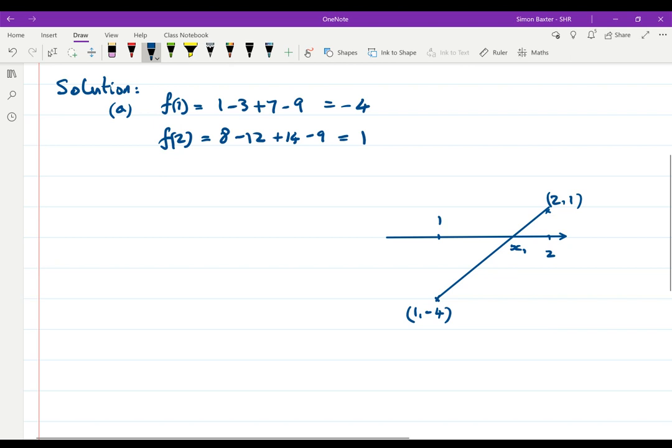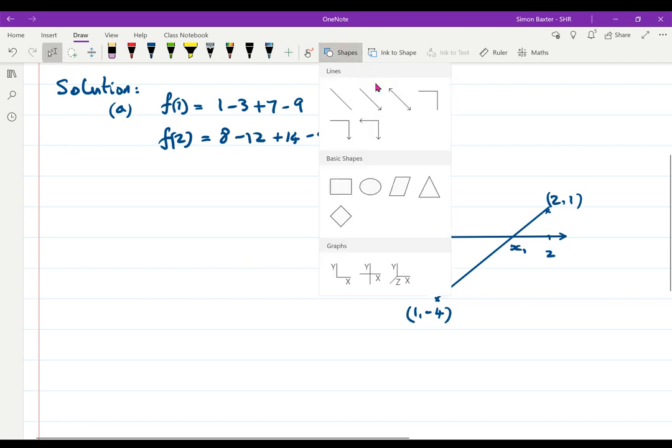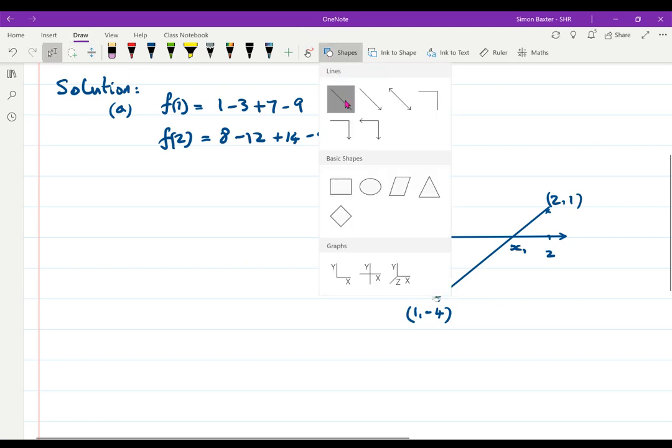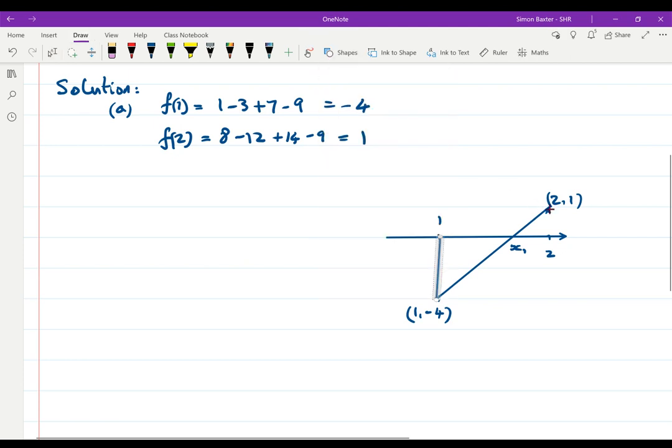Well, let's just put 1 or 2 more lines on the diagram. We want that one, and we want that one.